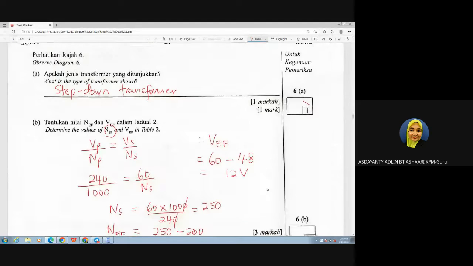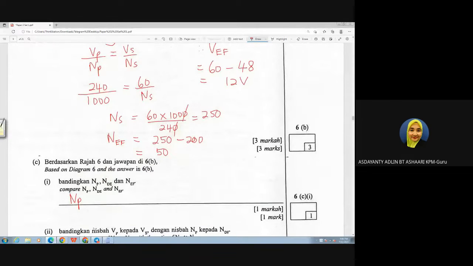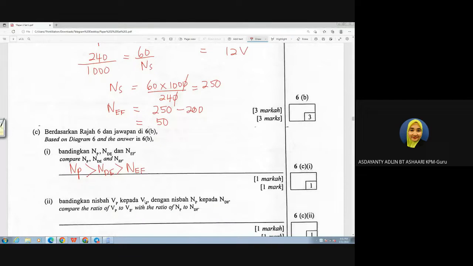Okay, first start with 1000 followed by 200. So the number of primary is bigger than the number of DE. Okay, the number of EF is the least one, 50. This is how we write the number of EF.